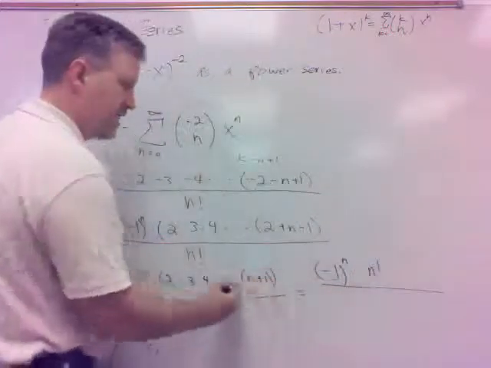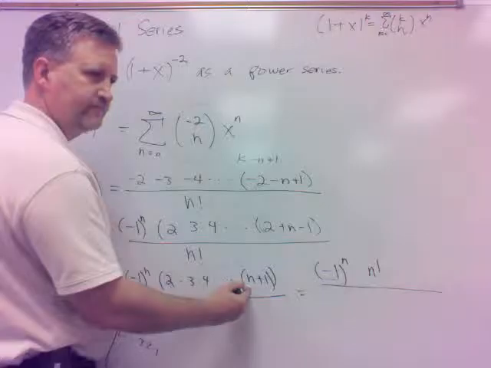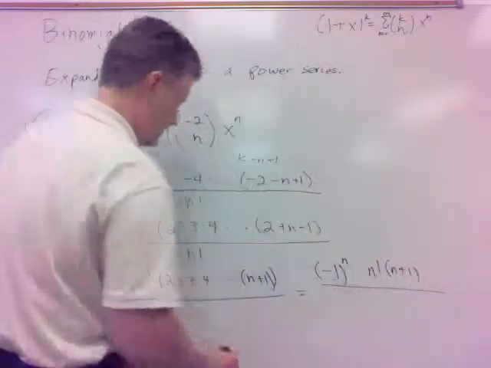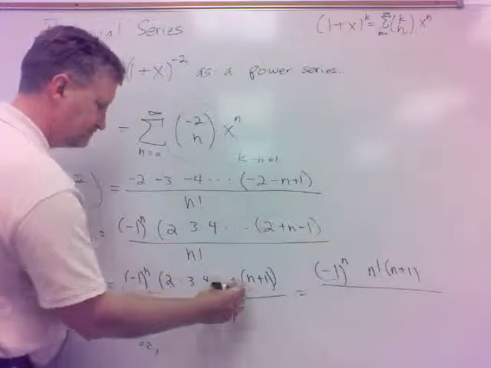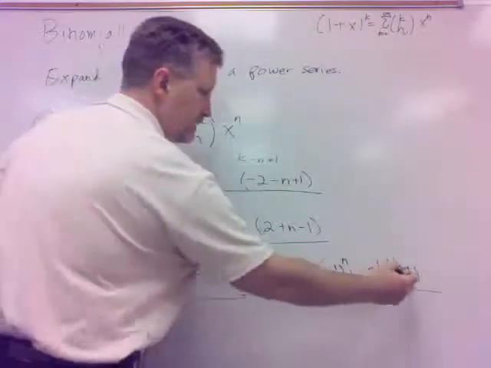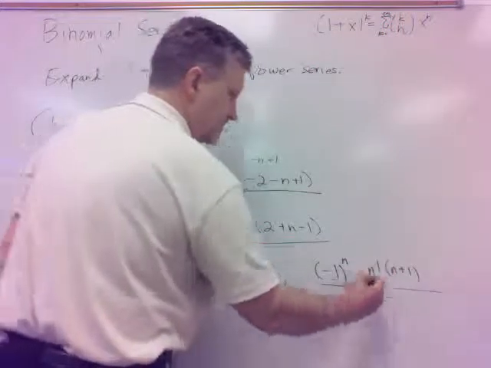But don't I have a little bit more? Wouldn't that be one extra term? In other words, there is an n here, then we have n plus 1. So this right here is n factorial times n plus 1. Then that goes with the n factorial on the bottom and cancels out.